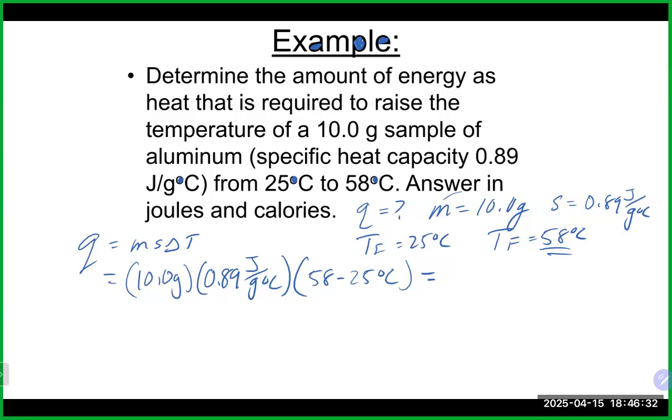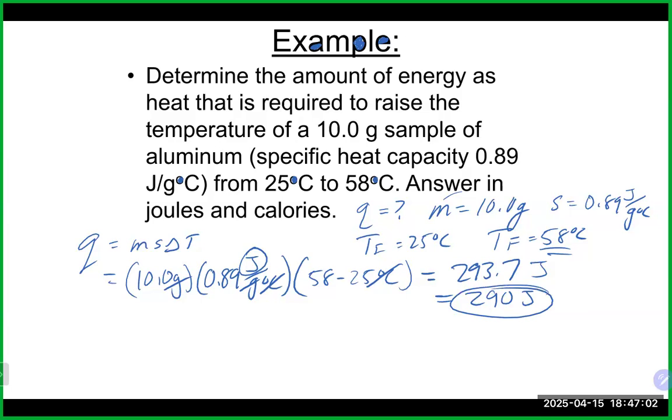And that's going to get us about 293.7. Degrees Celsius cancel, grams cancel, leaves us joules left over. And we still care about sig figs at this point, so 290 joules as we go through there.